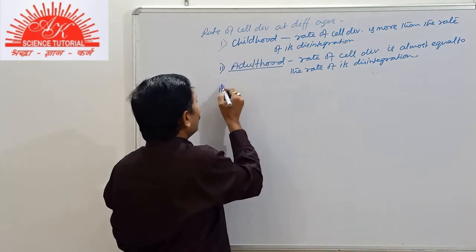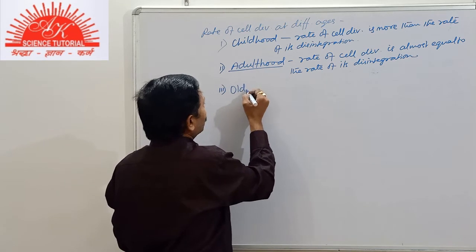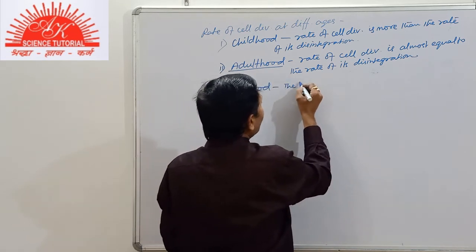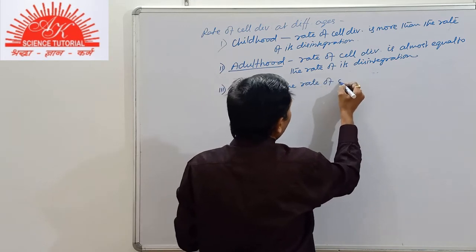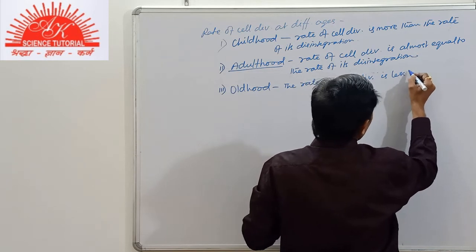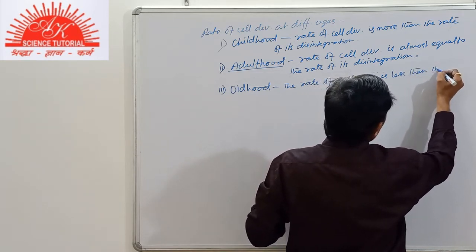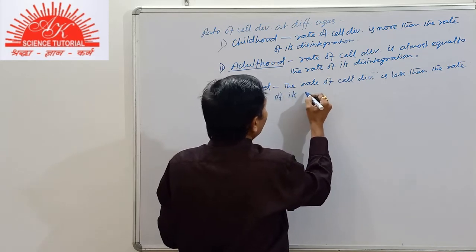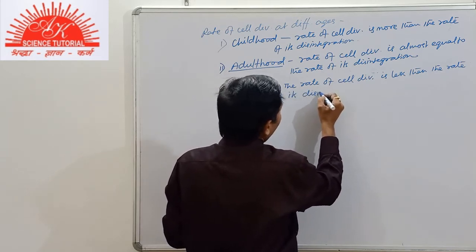Now third, oldhood. The rate of cell division is less than the rate of its disintegration.